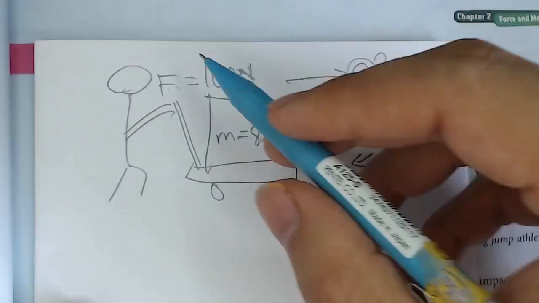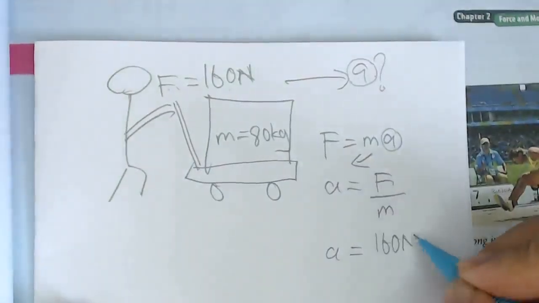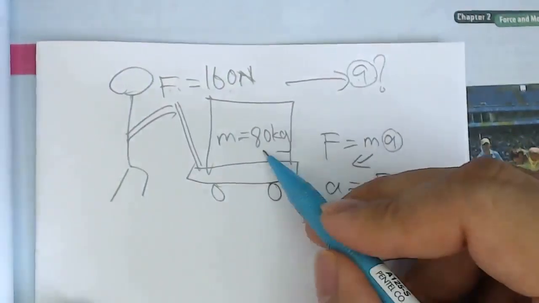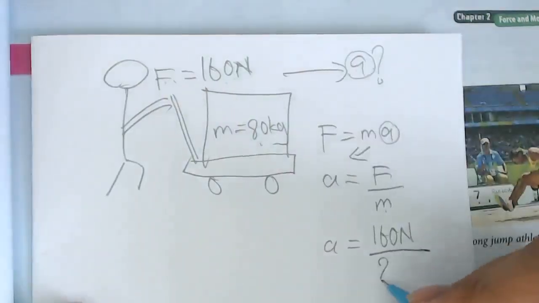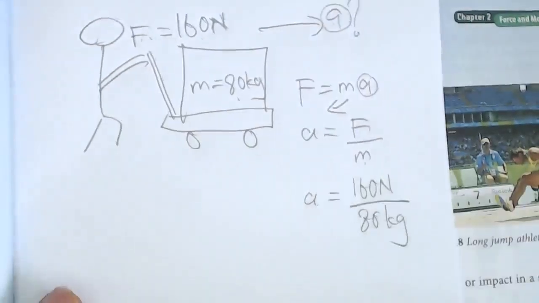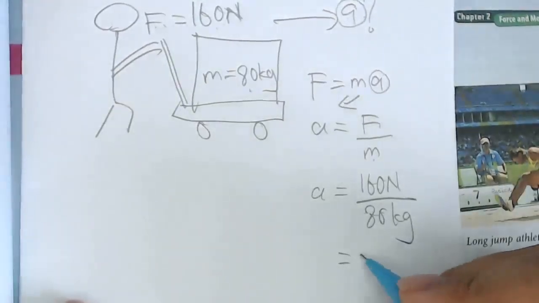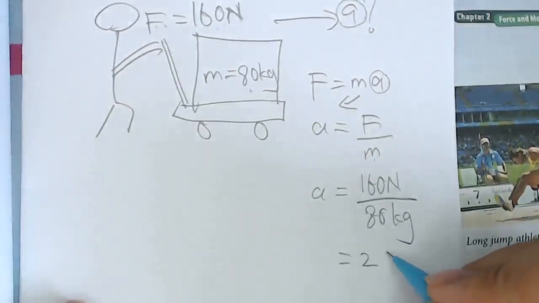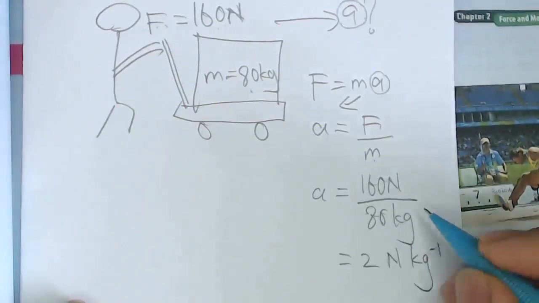F is 160 Newton. M is 80 kilogram. Press your calculator, and at last you'll get Newton per kilogram.